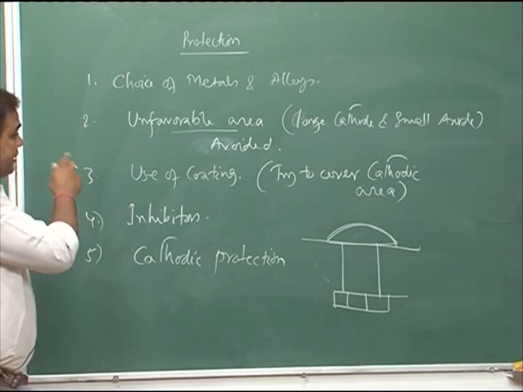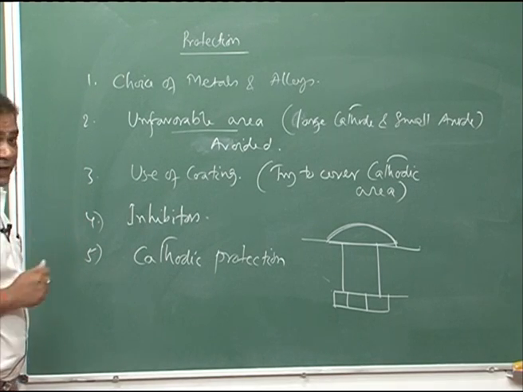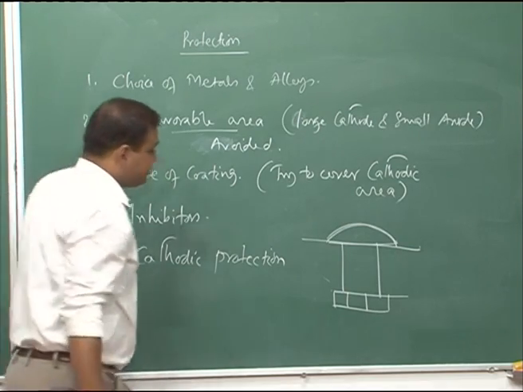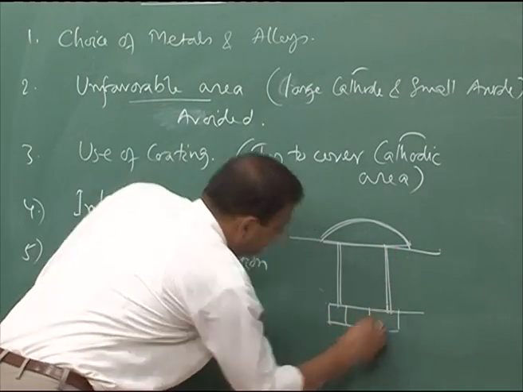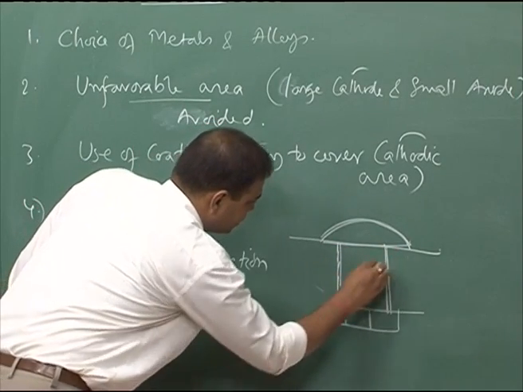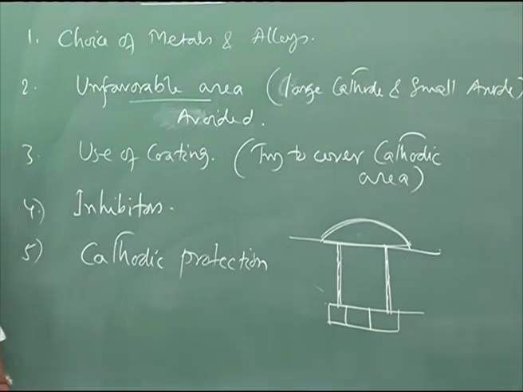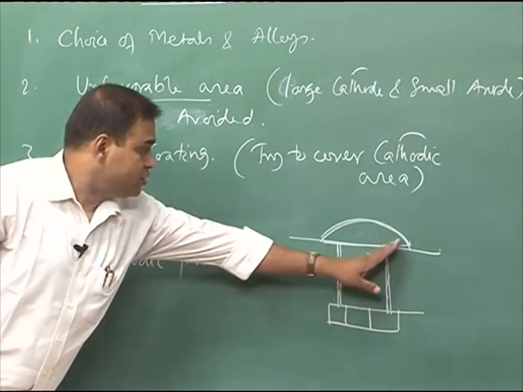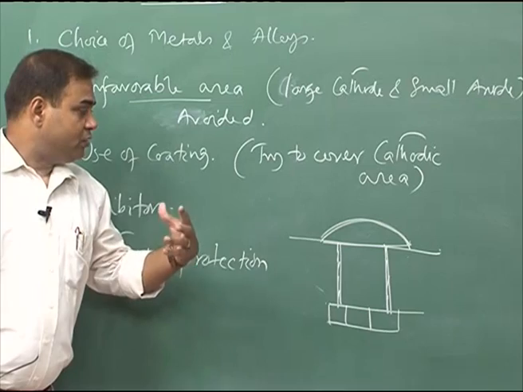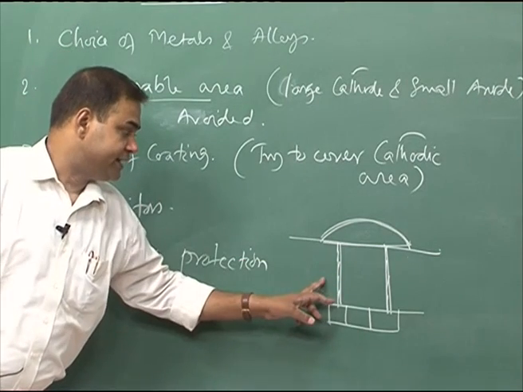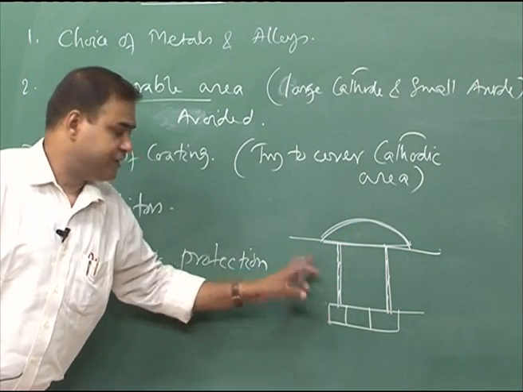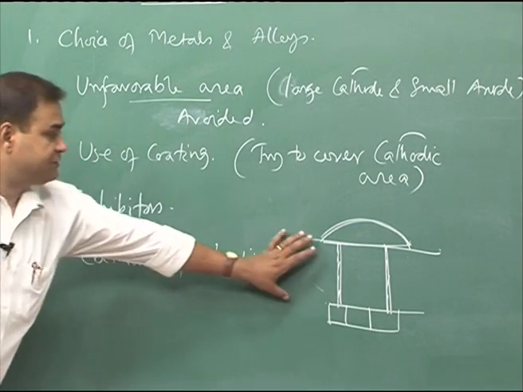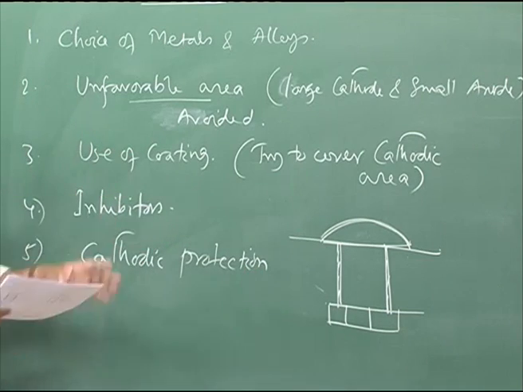We have seen the steel rivet and copper plate. In that case, one possibility is we can use some non-metallic sleeve in this zone to avoid galvanic contact. If we use a non-metallic sleeve, then we cannot have much electrical contact between the bolt and the base material, which are getting fastened.